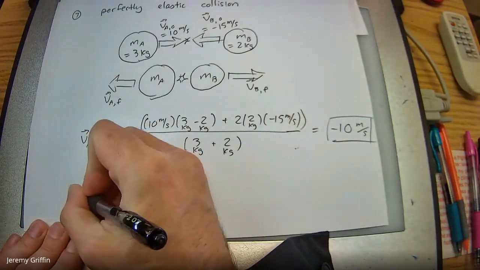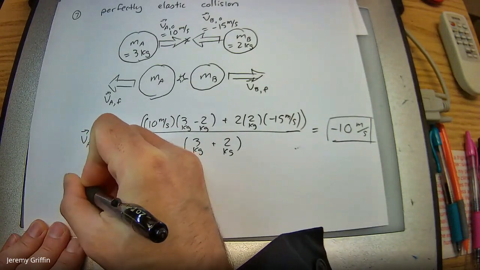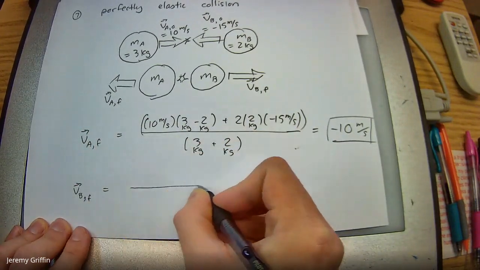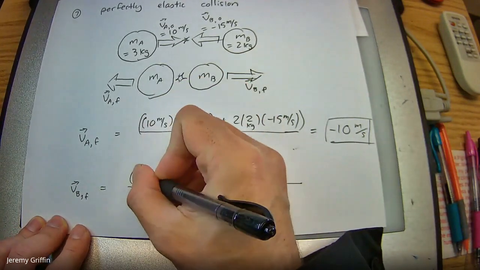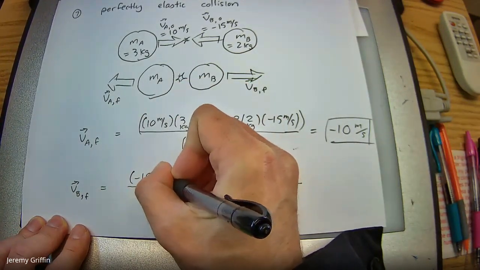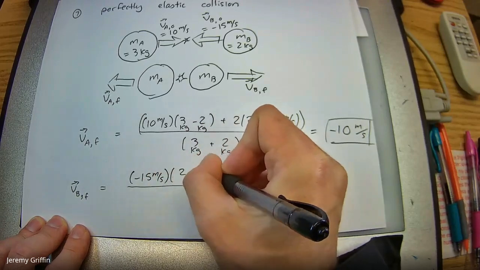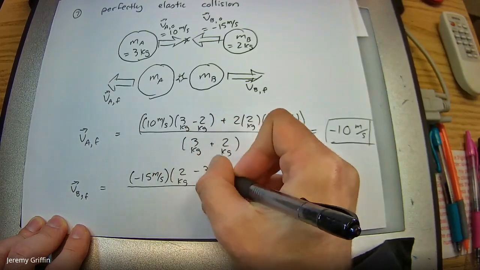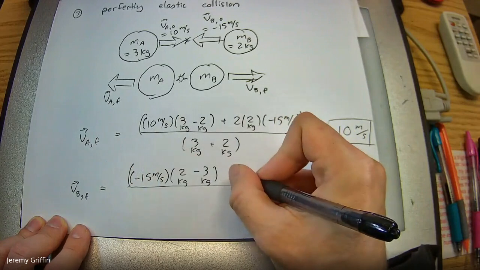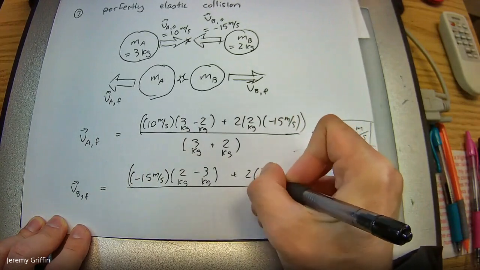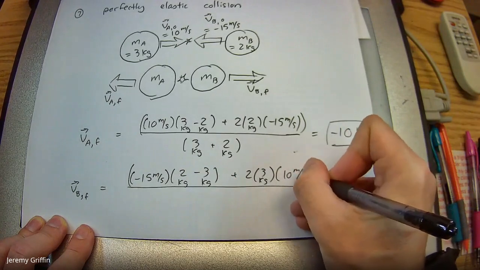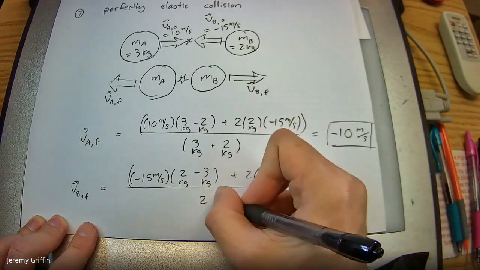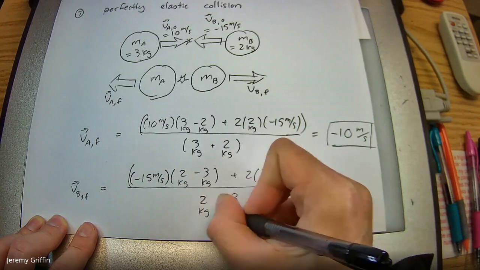So you could say velocity B final is equal to big old fraction. Well, it's going to run like this. Negative 15 meters per second times 2 minus 3 kilograms plus 2 times 3 kg times 10 meters per second, all divided by 2 plus 3 kilograms.